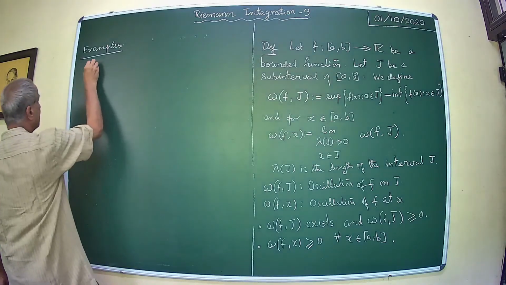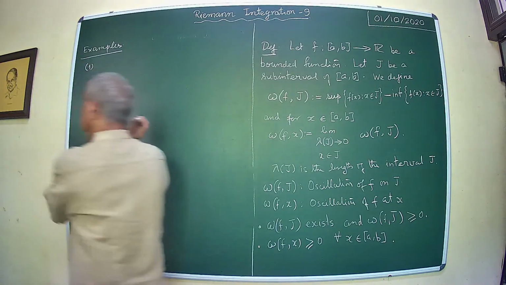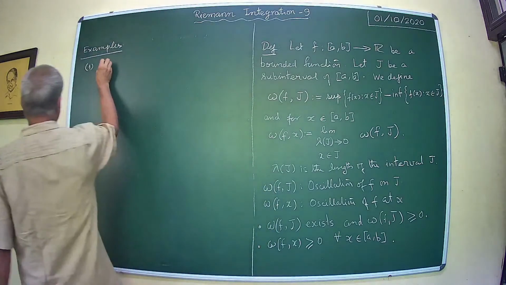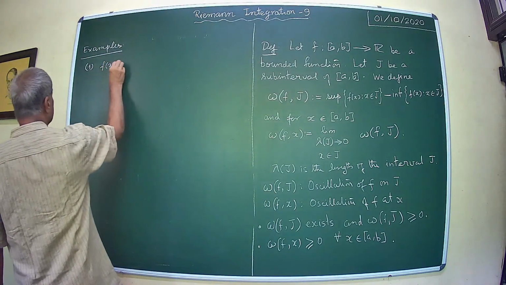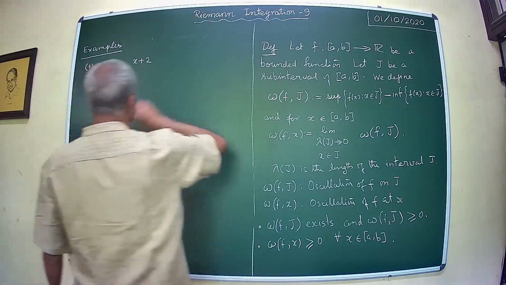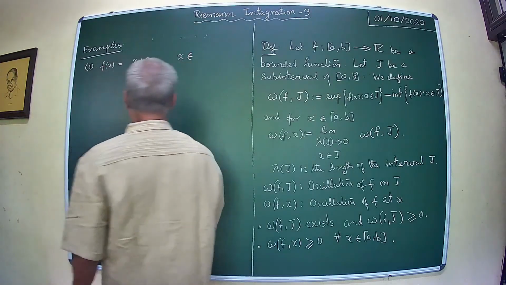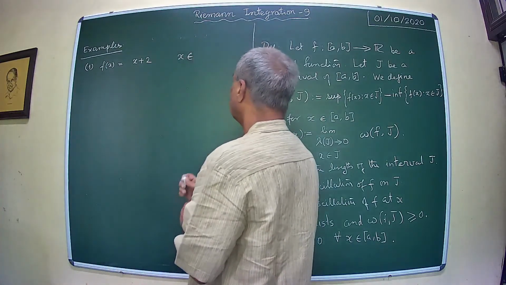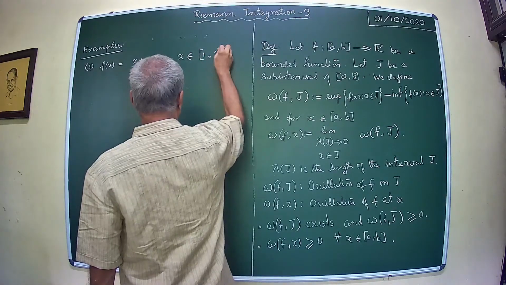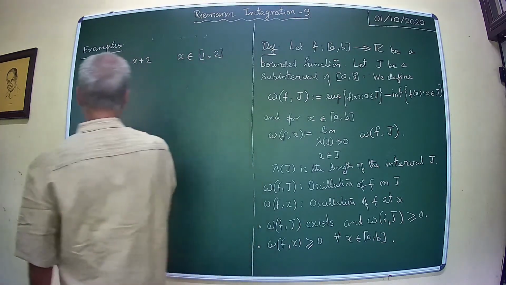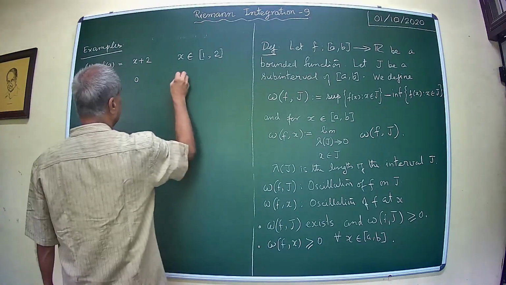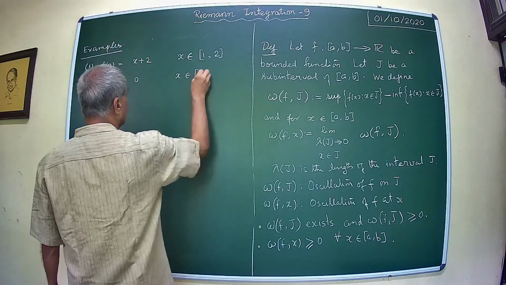First example, x belonging to two, and this is equal to 0 for x belonging to 1.